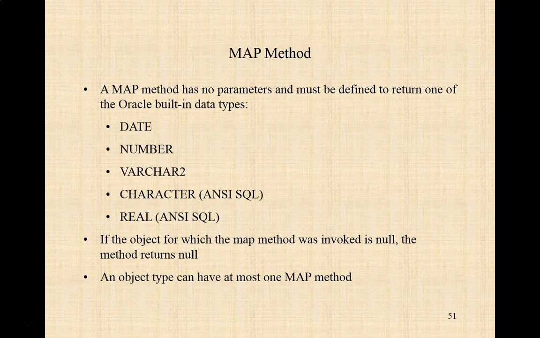Remember again that a comparison method is optional. When designing a map method, we must consider how it makes sense to compare objects. Consider a geometric shape like a rectangle.